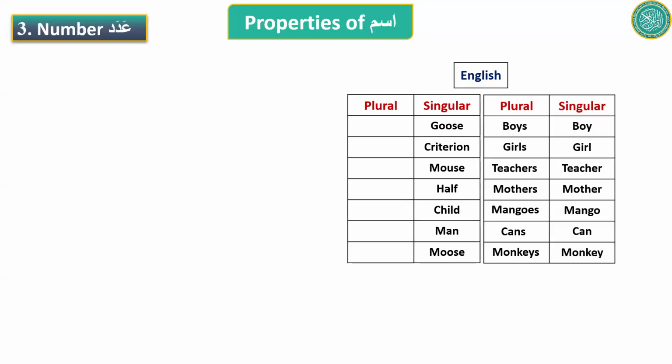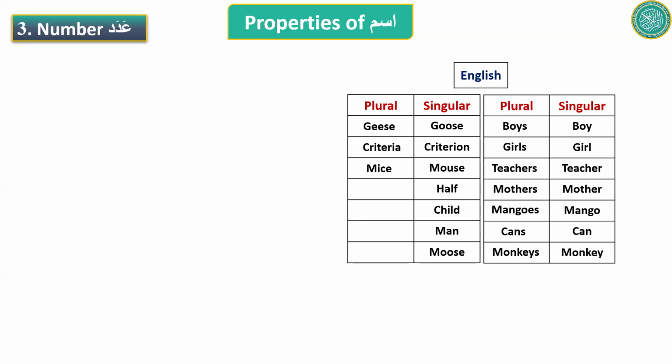Okay. Keep going. Goose. Geese. Why not gooses? Because it's English. So we have to deviate from the general rule. Geese. Correct. Criterion. Don't know, sir. Criteria. Mouse.